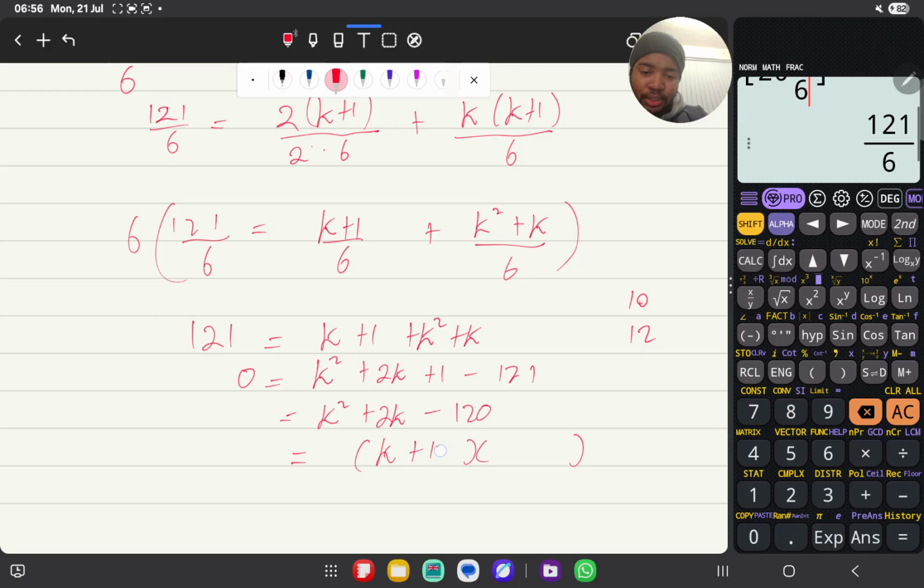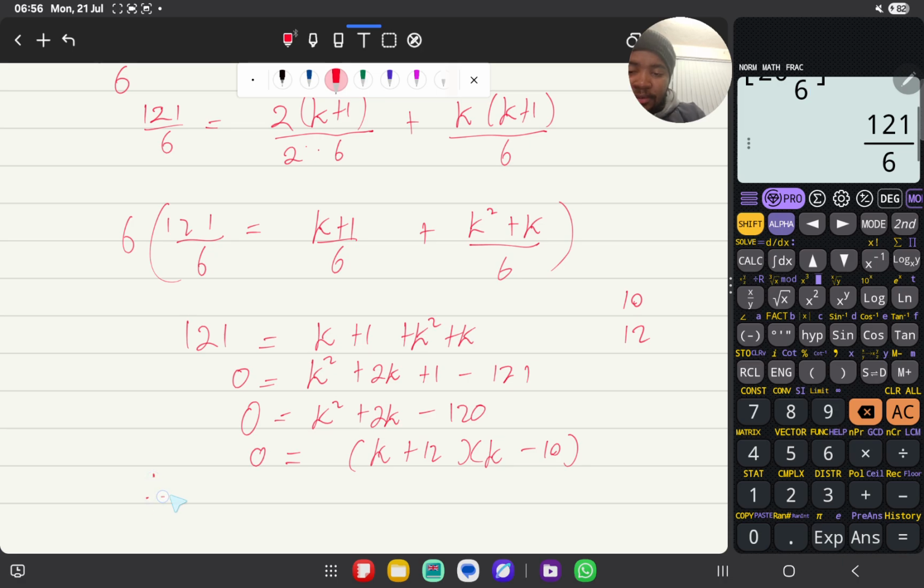Twelve has to be positive. K will be negative. Therefore k equals minus 12 or k equals 10, right? So we have a k that is positive and a k that is negative.